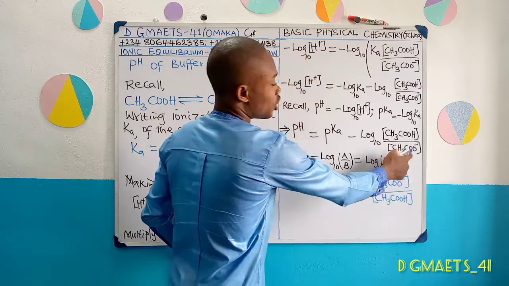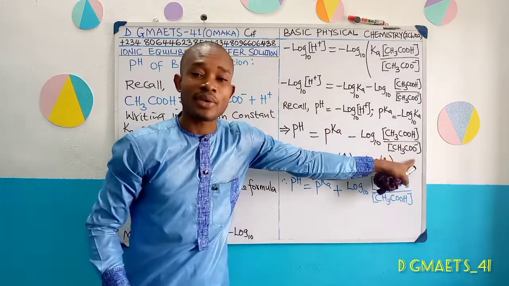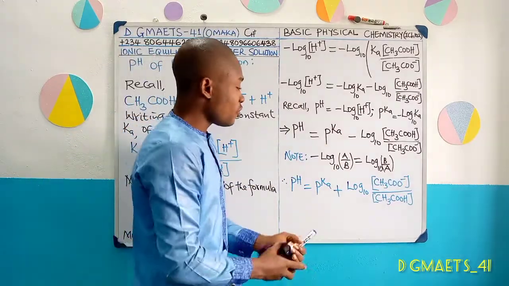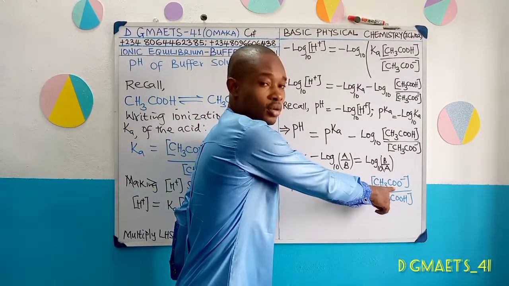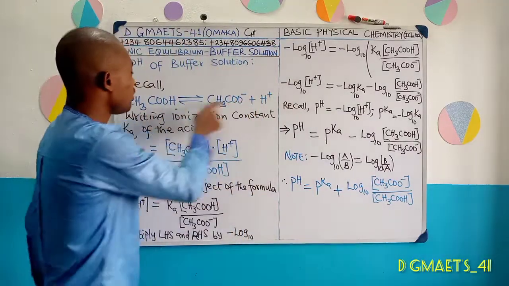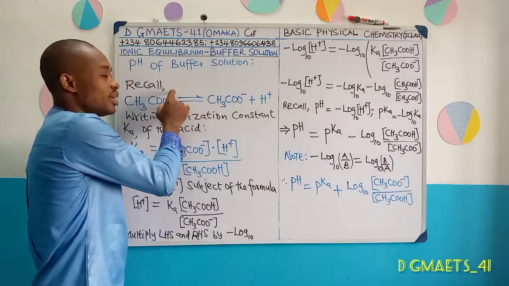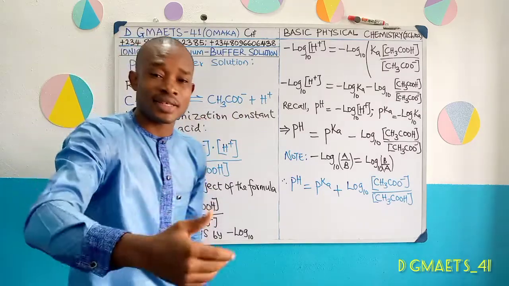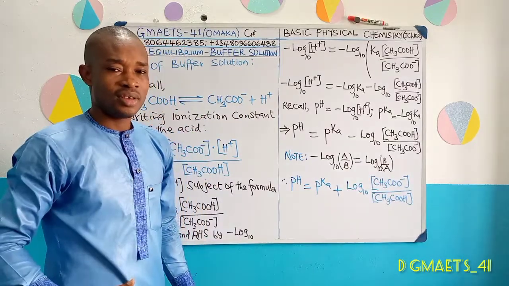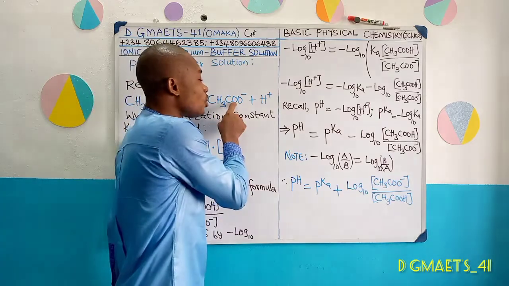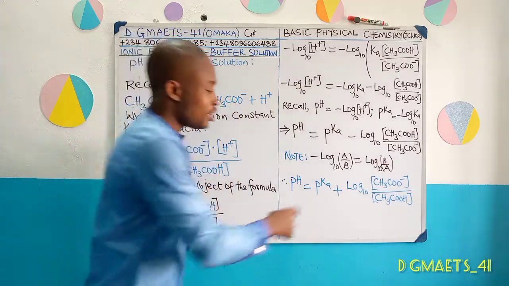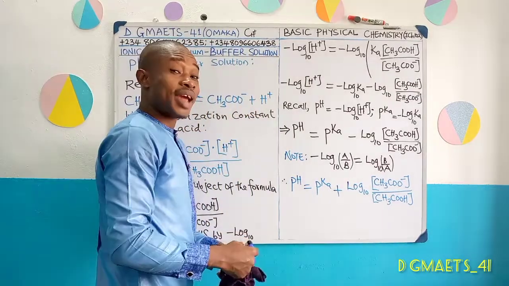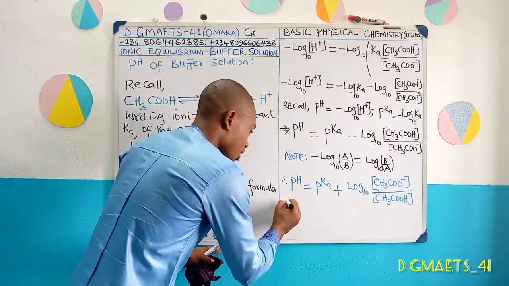As I carry denominator here go up, carry numerator come down, I change this minus go plus. Now if you look this thing now, na salt. Because like I tell you from beginning, if to say something like sodium hydroxide dey here, the sodium go come react with this place. We go get something like sodium acetate, sodium ethanoate. You dey hear, abi? So this one dey always give us salt. And you now see say the under na acid we get. So I go come write the formula like this.